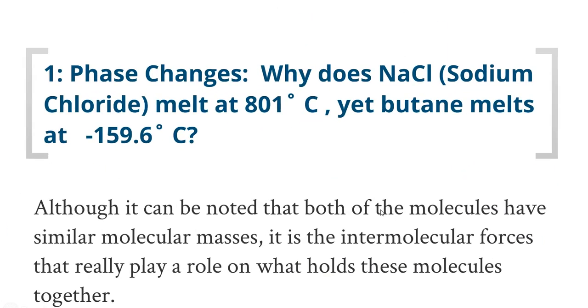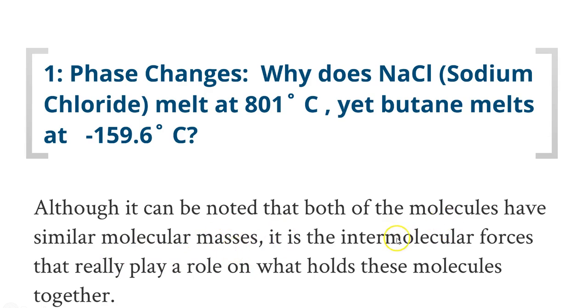So, here we have an example where we have sodium chloride. Okay. Sodium chloride melts at 801 degrees Celsius, yet butane melts at 159.6. Okay. Now, both of these molecules, both sodium chloride and butane, have similar molar masses, so they weigh the same.